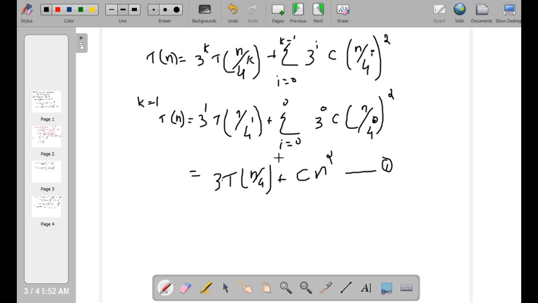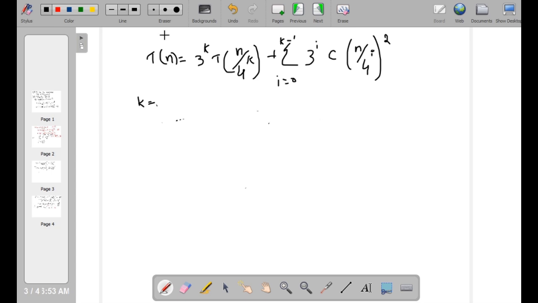Let us check what is happening when k equal to 2. We should get the second equation. So when k equal to 2, T of n equal to 3 raised to 2 T of n by 4 raised to 2 plus sigma i equal to 0 to k minus 1.